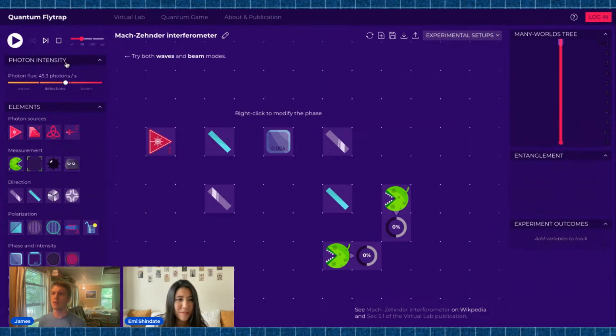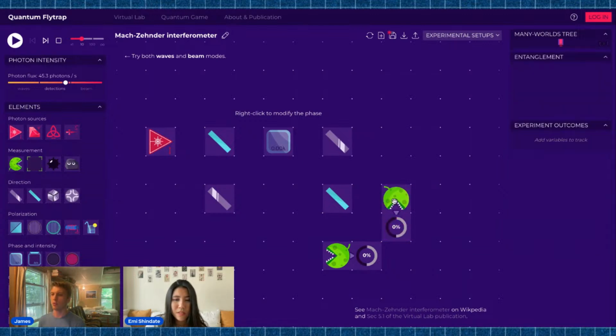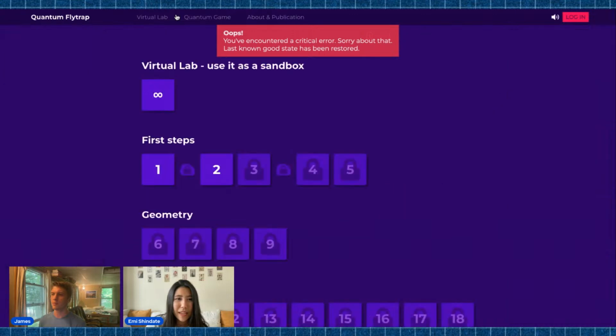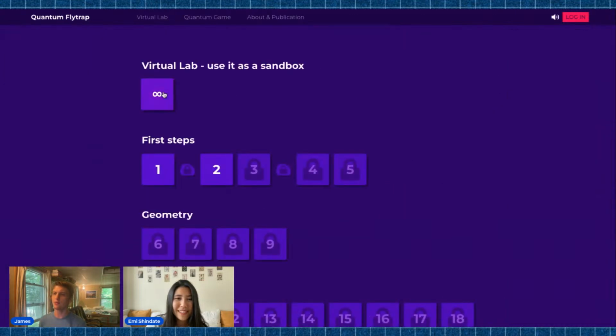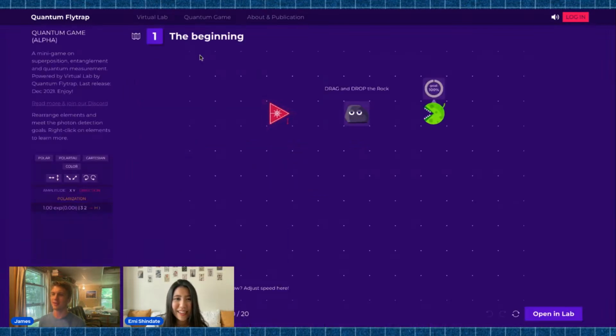I think you have to click the play button first. And what does that do? What is this? I think we're playing on hard mode. We're playing with the Mach-Zehnder interferometer. Should we go back? Yeah. Quantum game. Oh. Yeah, this is where I wanted to start. Oh, okay. So we start here. Yeah. All right, cool. The beginning.